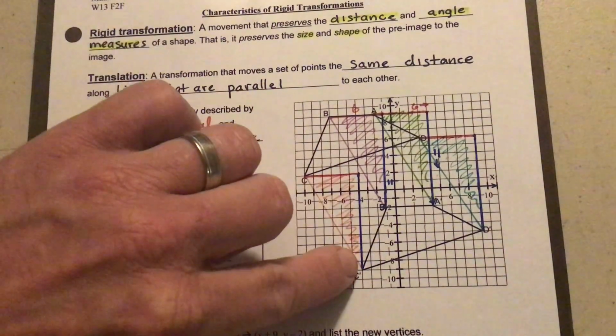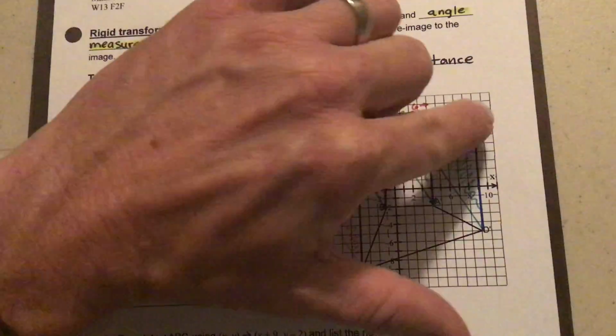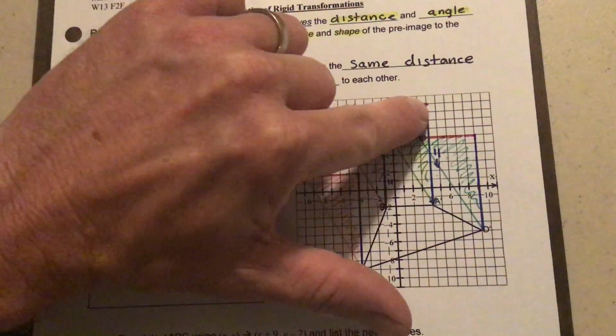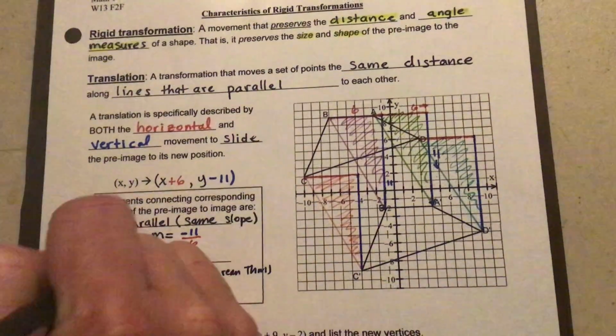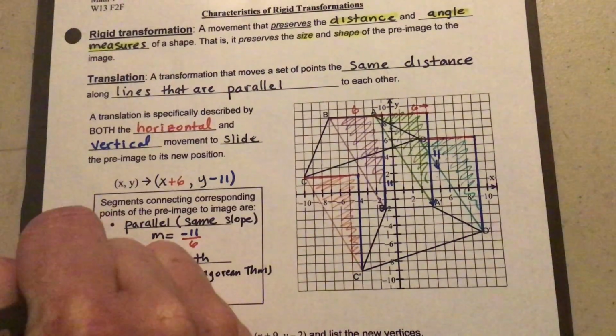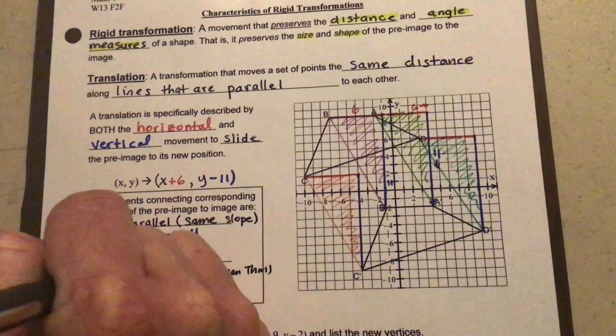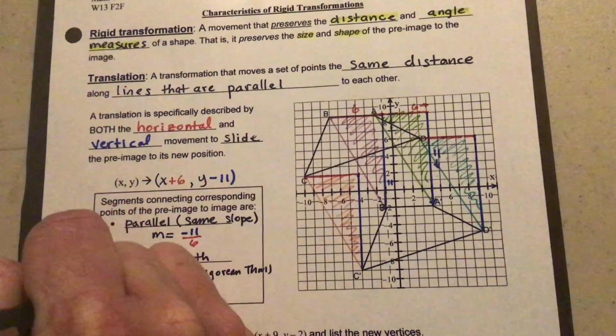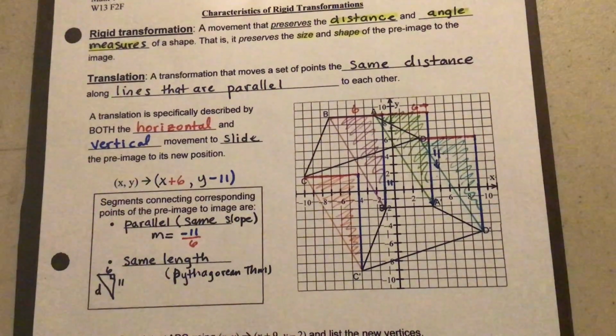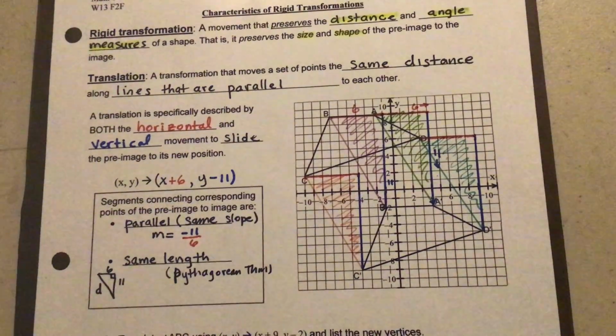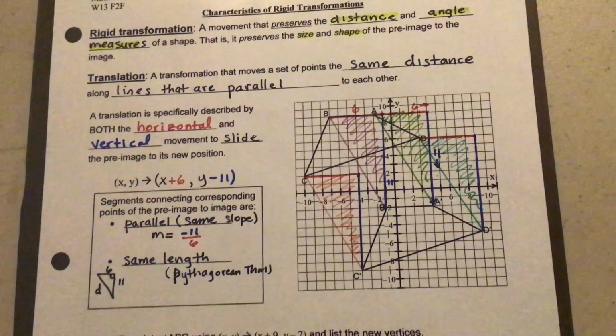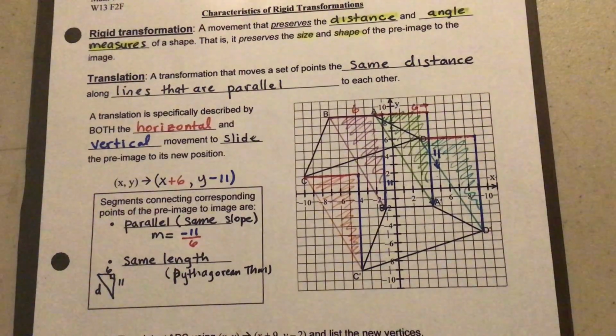Right 6, length of 11 going down, each time. So by Pythagorean theorem, all four of those triangles have the same legs of 6 and 11. And when you solve for that hypotenuse, d squared equals 6 squared plus 11 squared, all four of them are going to give you the same length.